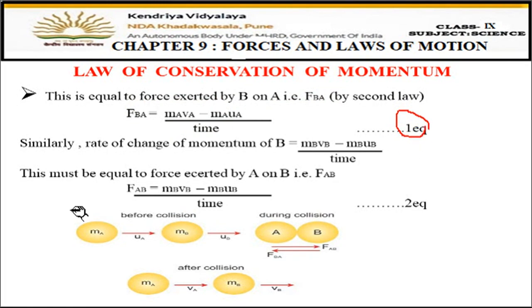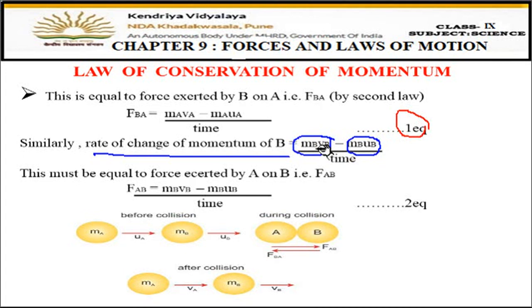Now let's move on to find the rate of change of momentum of ball B. During collision, the momentum of A changed and B also changed. We have found it for ball A, now let's find it for ball B. What will be the change in the momentum of B? That means momentum after collision minus momentum before collision.